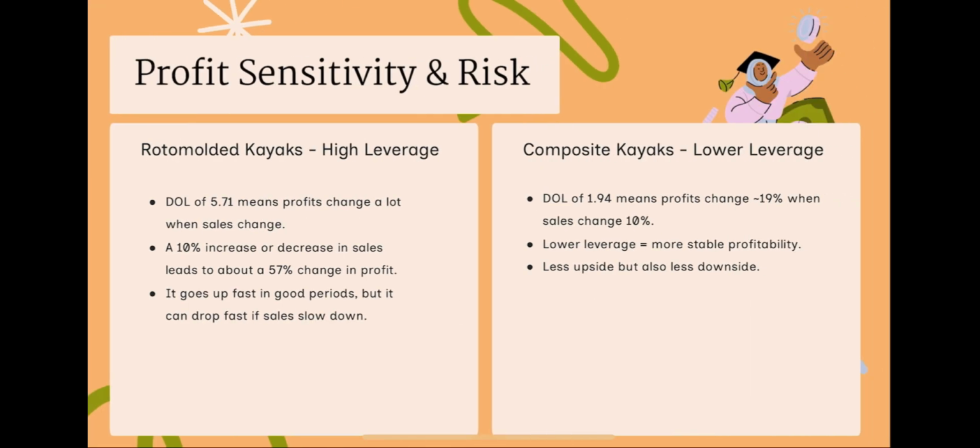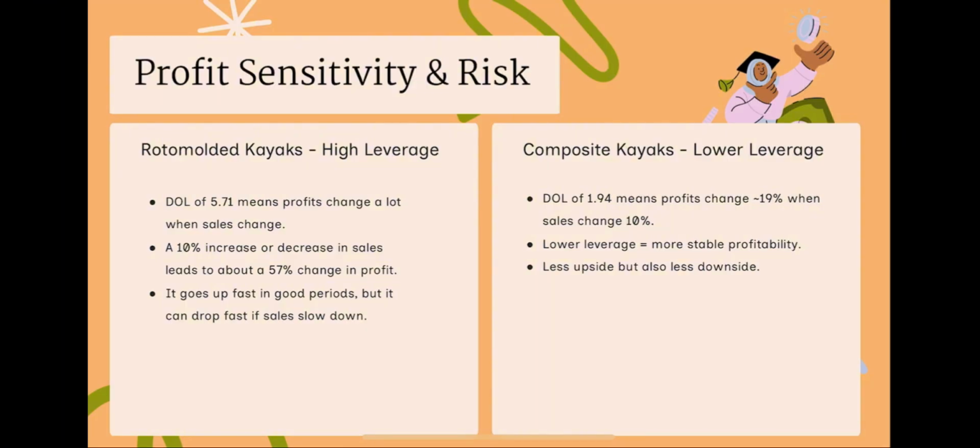So now I want to explain what those DOL numbers actually mean for Riverride. Starting with the rotomolded kayaks, since the DOL is 5.71, that tells us that profits change a lot when sales change. For example, if sales were to go up or down by just 10%, profit would move by around 57%. So this product line goes up fast when demand is strong, but it can also drop fast if sales slow down.